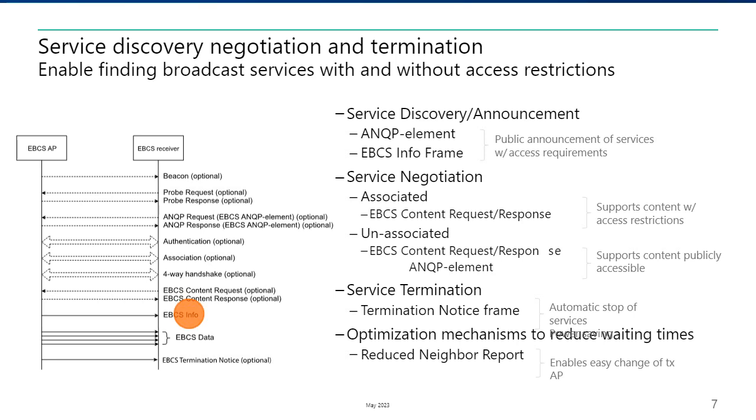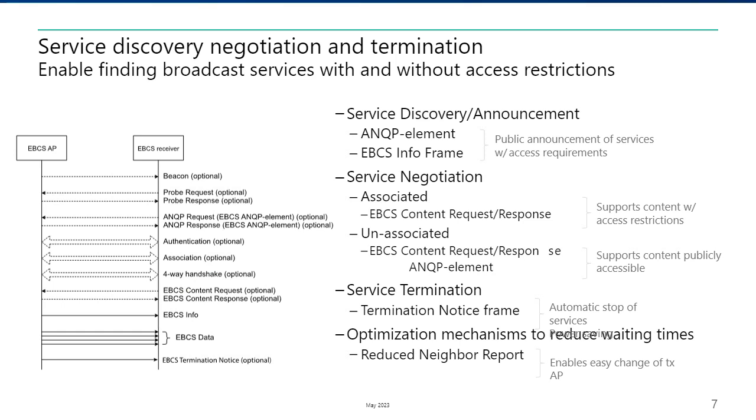So once you know what services are available, you might want to request services which are publicly available without any association to the access point, which can be done with the EBCS content request and response, which results in the corresponding EBCS data transmission.